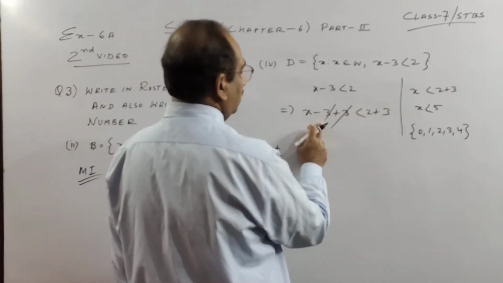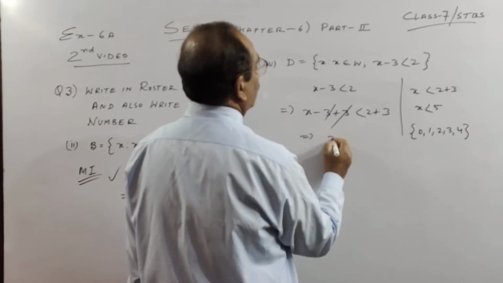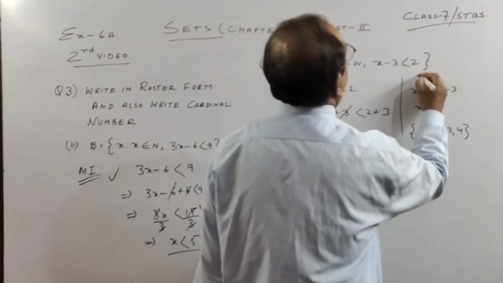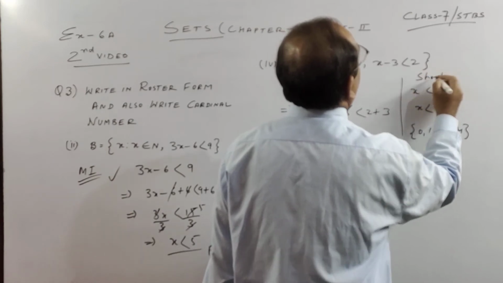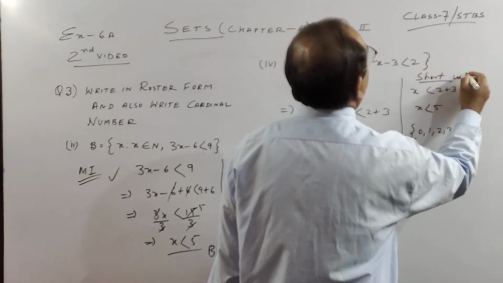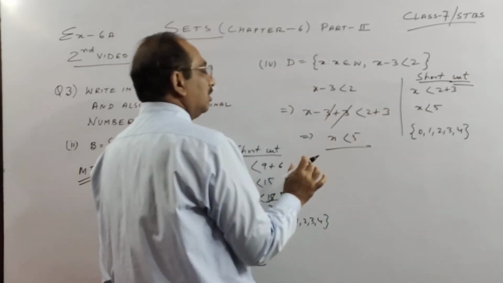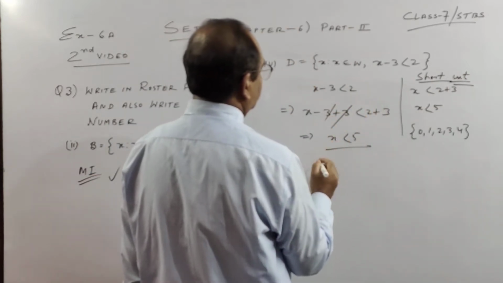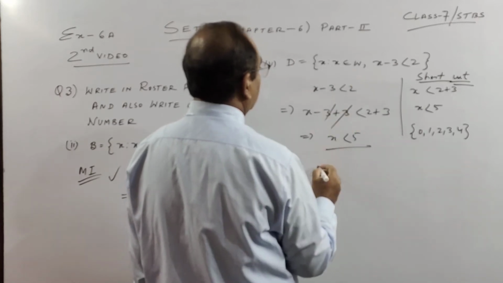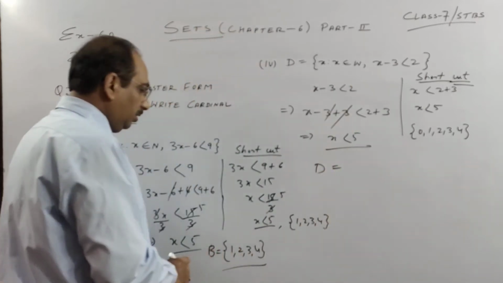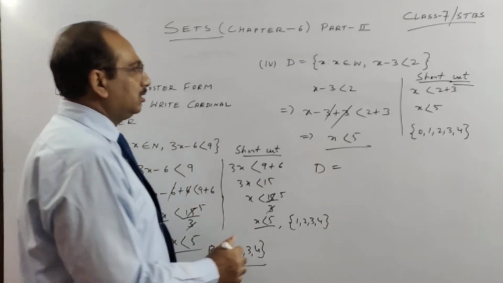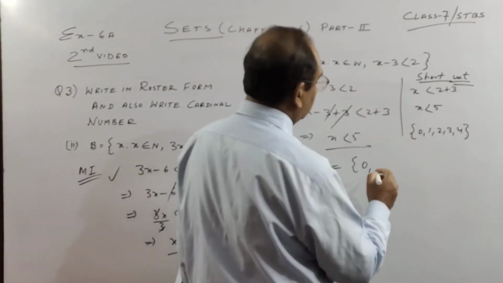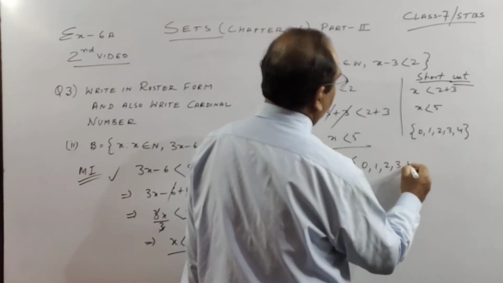So x is less than 5. The shortcut is direct transposing, but this is the more sound mathematical method. So D, like B here, is whole numbers less than 5. Whole numbers start with 0, children: 0, 1, 2, 3 and 4.